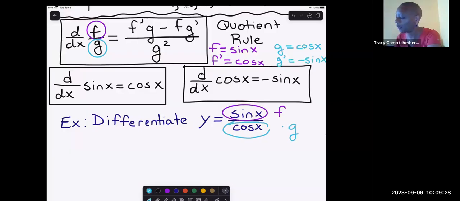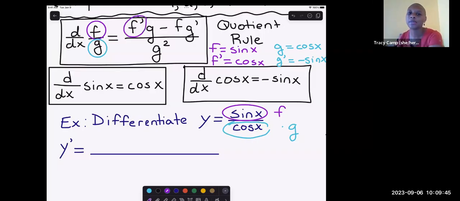Now our derivative, y prime, I'll give myself a big fraction bar because I'm using the quotient rule. It starts with f prime, which is cosine of x.